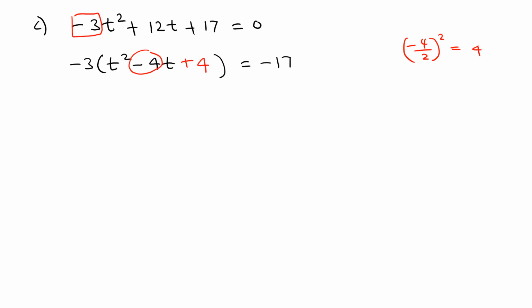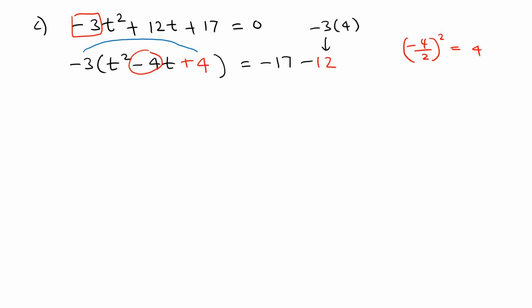You are adding the product here. So it is negative 3 times 4. That means you are adding negative 12. Because you have to add the product. It's not just 4. It's 4 times negative 3. So this negative 12 is negative 3 times 4.